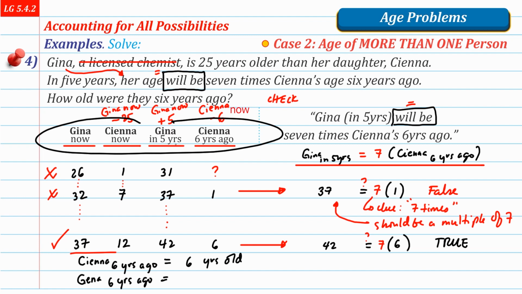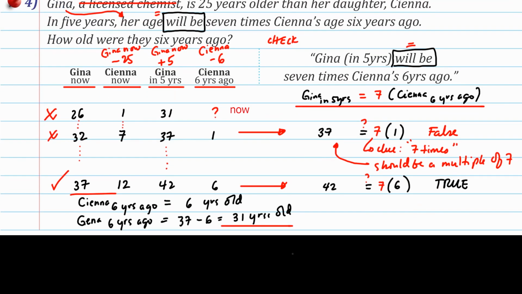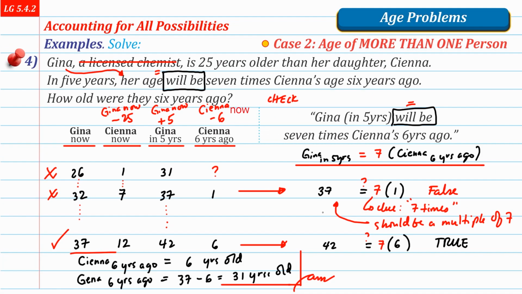Wala! Kasi ito, future, 5 years. So, si Gina 6 years ago, ano ba yung now? Ay, 37 minus 6. It's 31 years old. So, ito po ang mga sagot. So, Shena is 6 years old 6 years ago, and Gina is 31 years old 6 years ago.